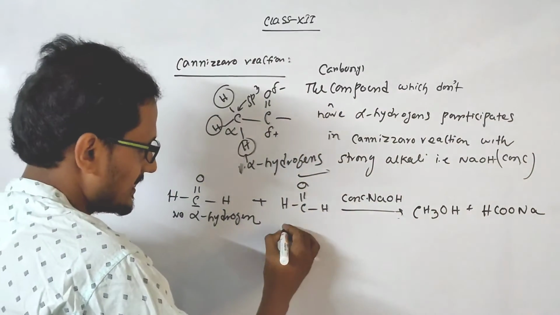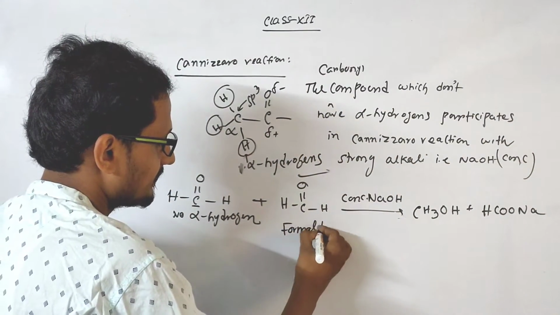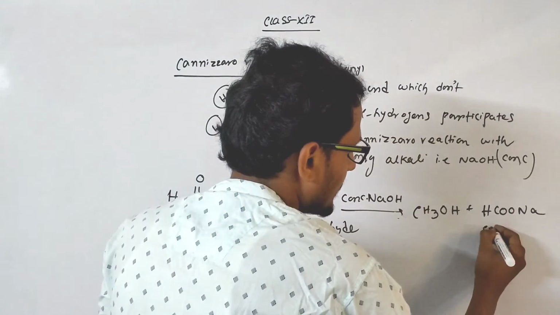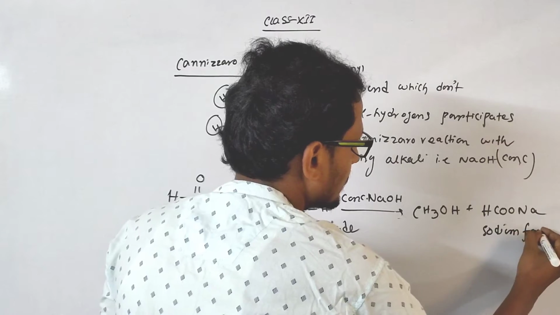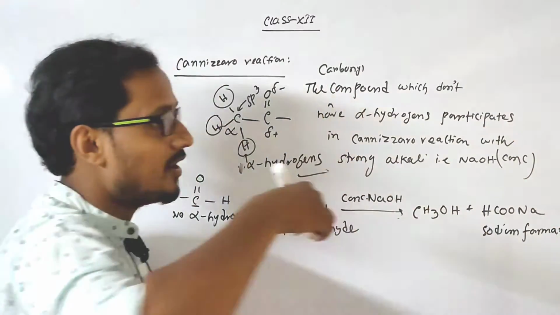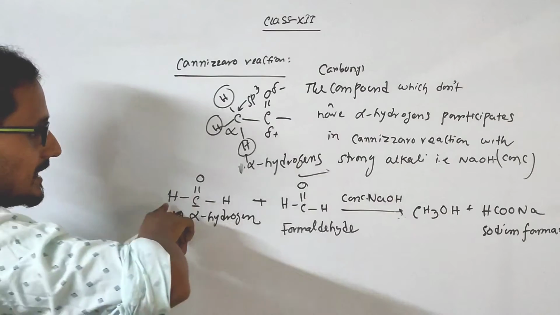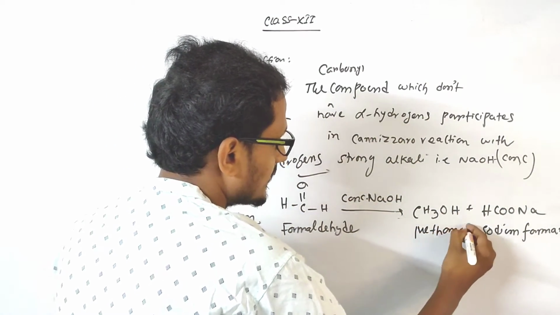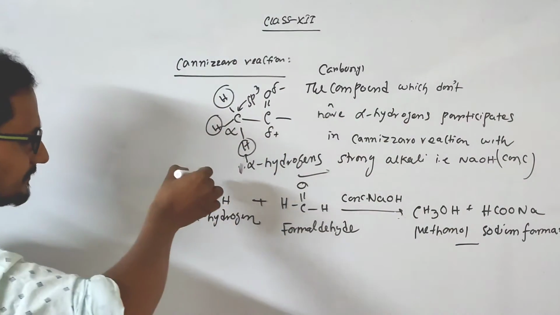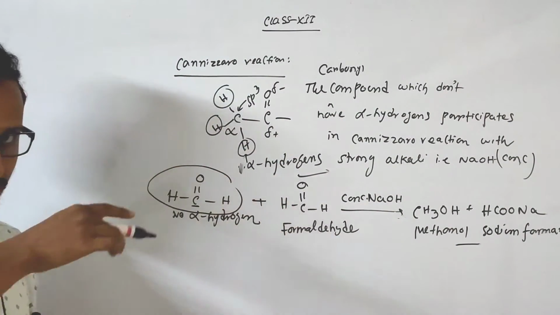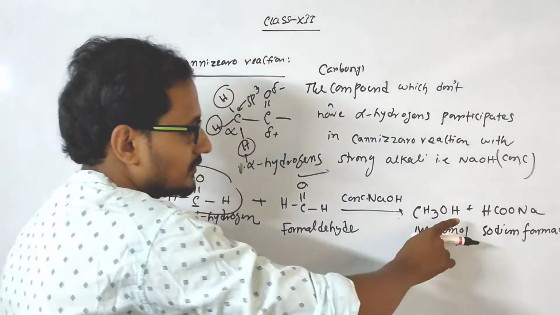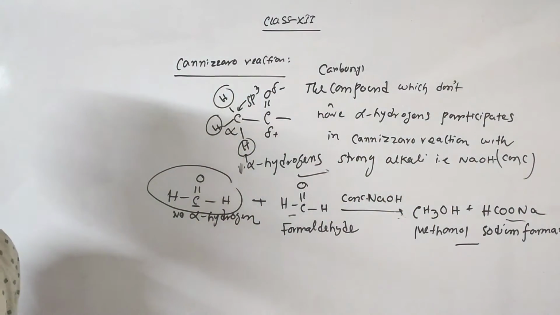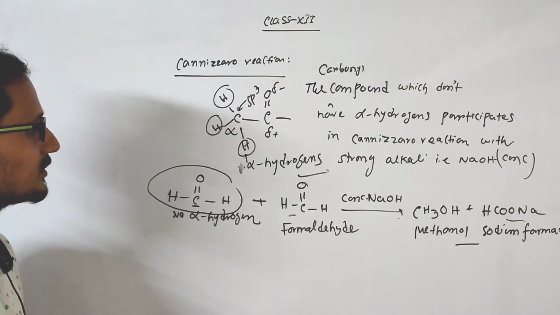As it is formaldehyde, it is forming sodium formate, that means the salt of formic acid, and it is forming an alcohol, methanol. So one aldehyde will be converted to alcohol and another one will be converted to acid salt. Okay, so this is the actual reaction.